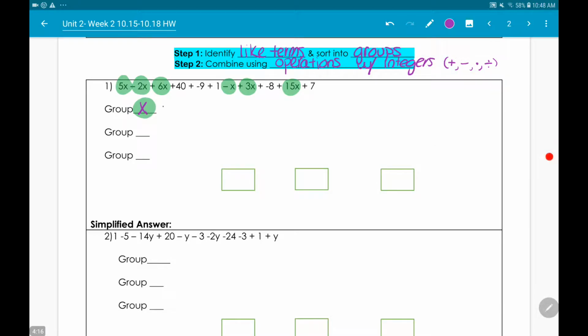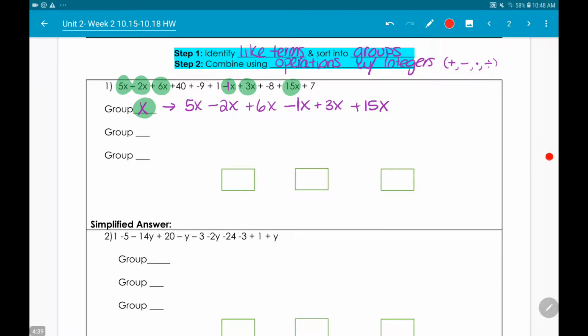So in my X group, I'm going to write these all out. So I have 5x minus 2x plus 6x minus x. What number goes there? I got to put a 1. 3x plus 15x. That is all my X group.